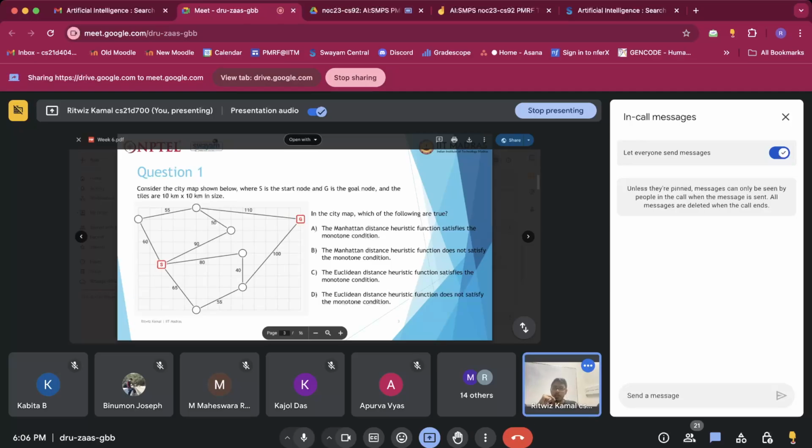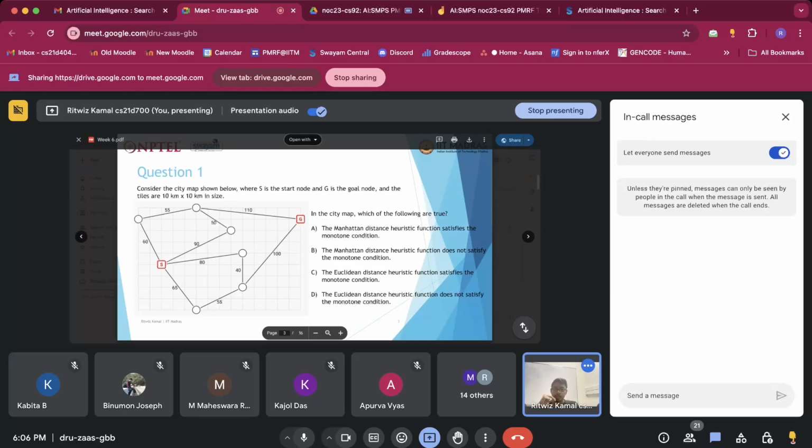There are two possible heuristic functions that we have to choose between based on the monotone condition. One is the Manhattan distance heuristic function and the other is the Euclidean distance heuristic function. We have to choose among these options that tell us whether the monotone condition is satisfied or not satisfied in case of both of these heuristic functions.